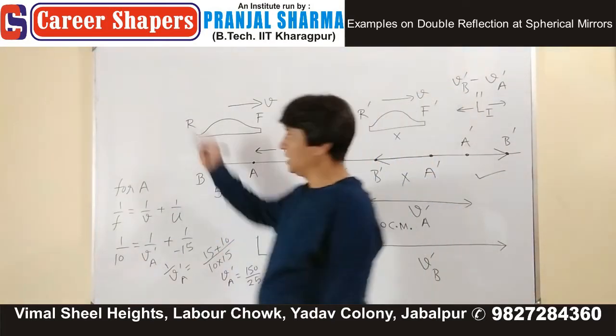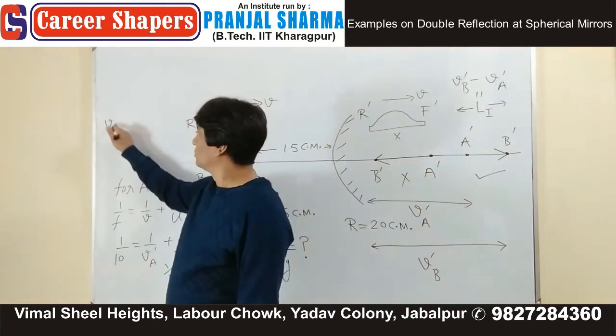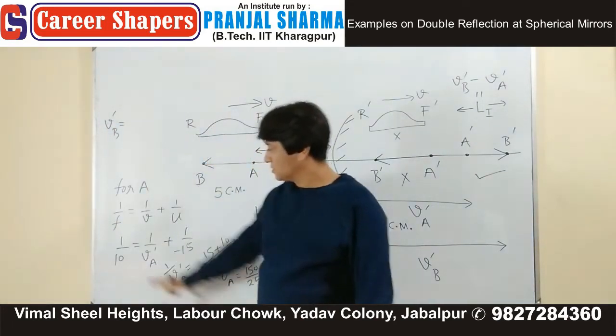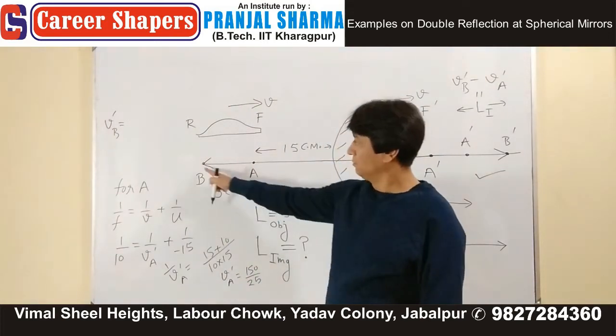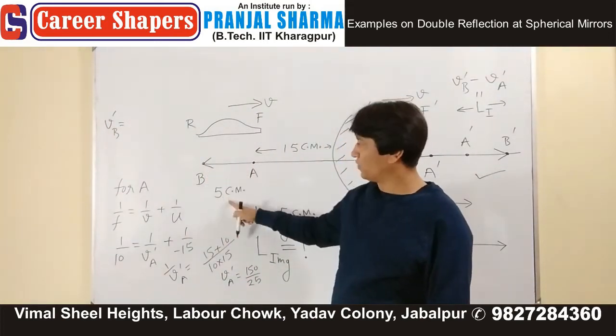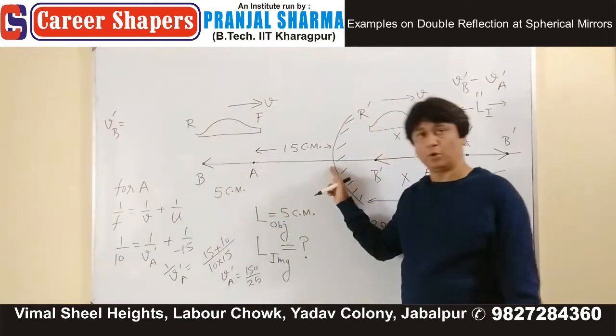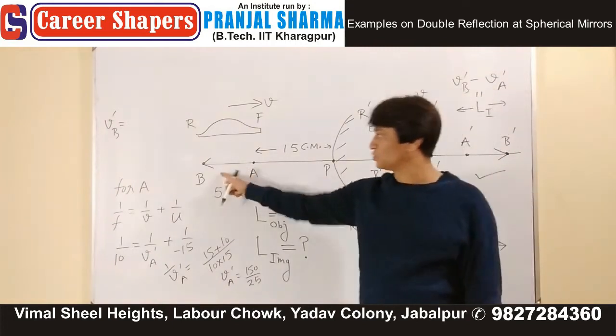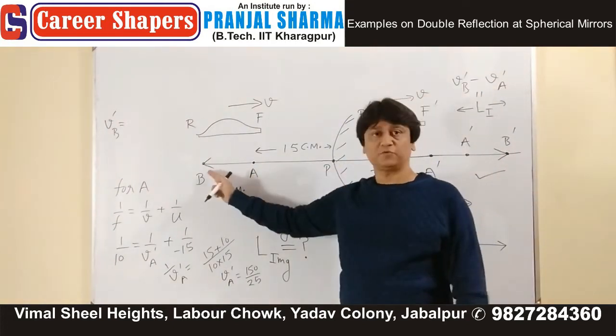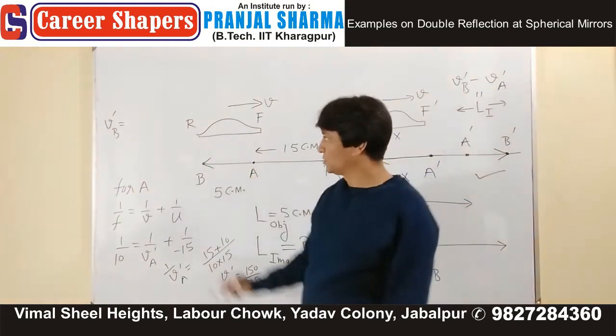Same thing for B. When you go for the position of B, this will be 10. Position of B is not 5. Position of B from the pole, from the pole, position of B is 15 plus 5, that is 20.